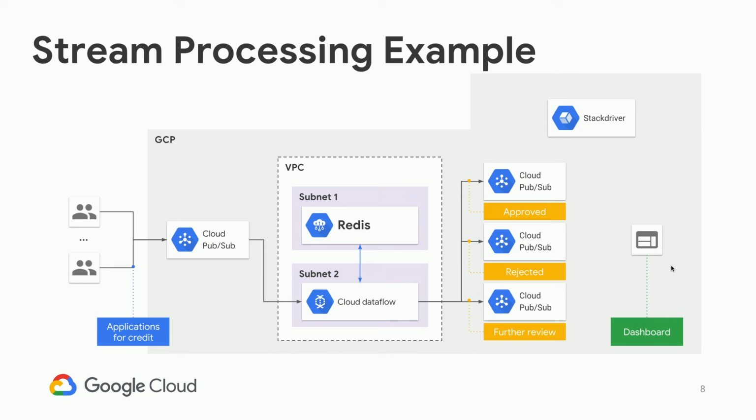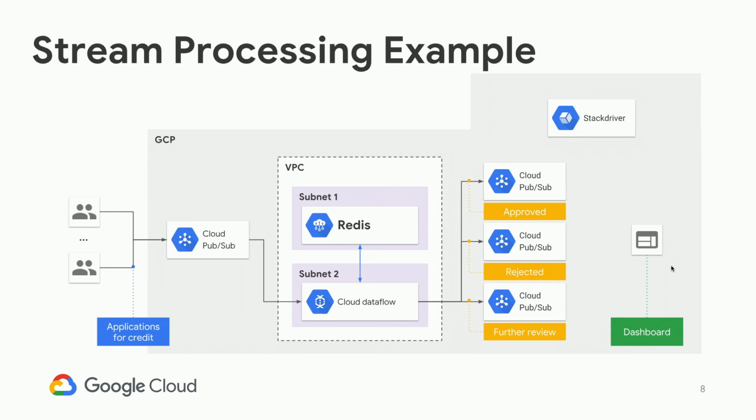This is a very typical example that we see where customers use Cloud Pub/Sub for basically ingesting events that they want to process. A very good example is that if you want to process credit card transactions and you want to be able to make decisions on that, you can use Cloud Pub/Sub, which essentially is an event streaming engine that allows you to ingest events pretty quickly.